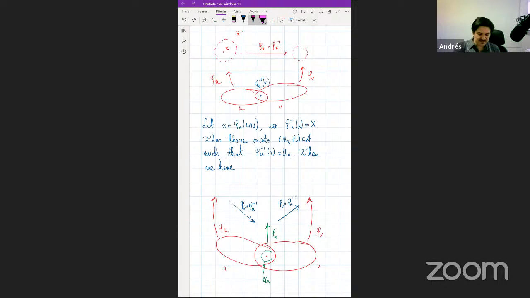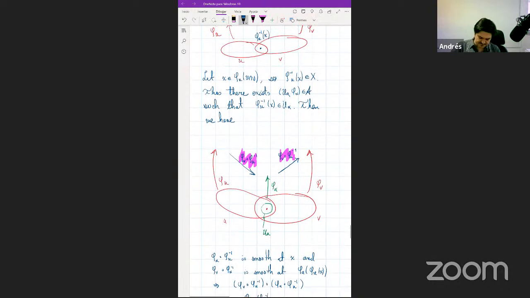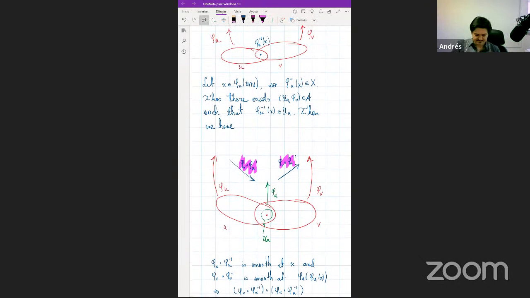So that means that these two functions are smooth. That is my hypothesis. So this and this are smooth by hypothesis.